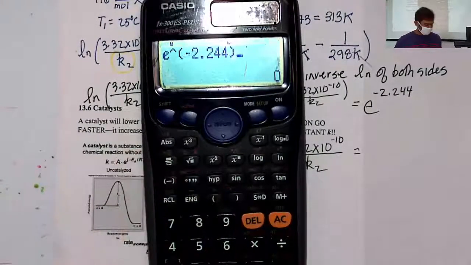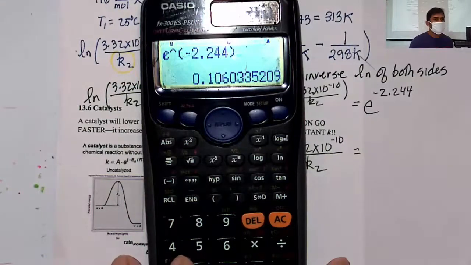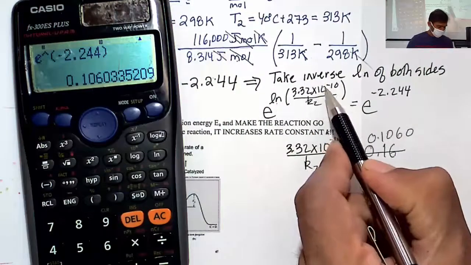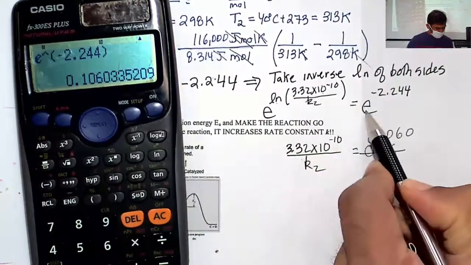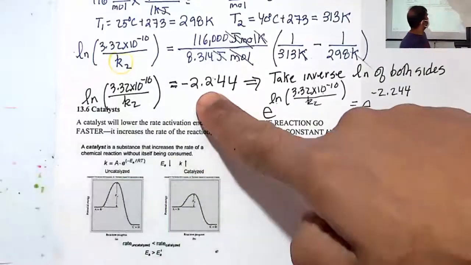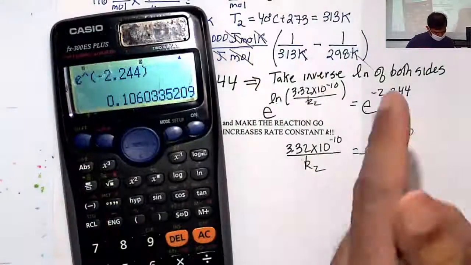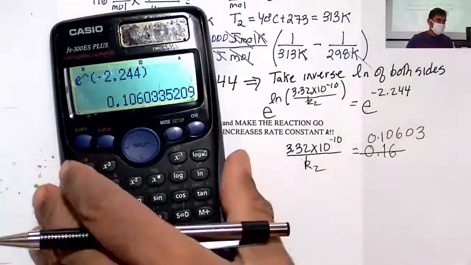Okay, we'll close those parentheses, and this is our answer, 0.1060. Okay, are we getting that?